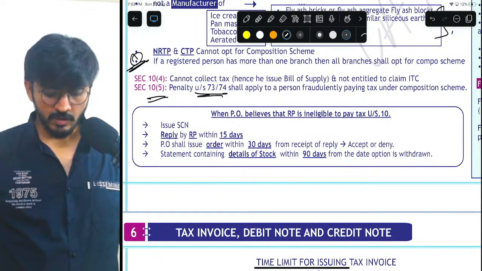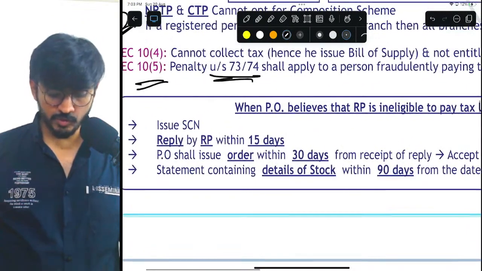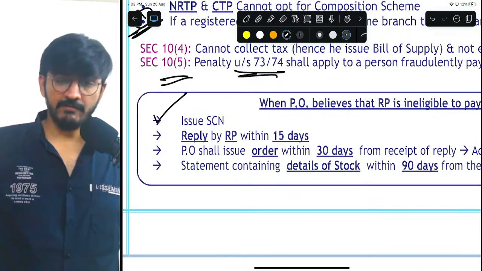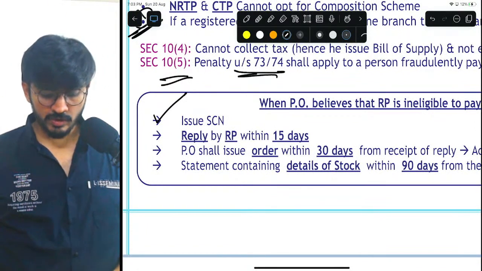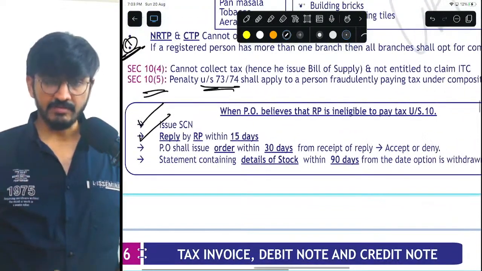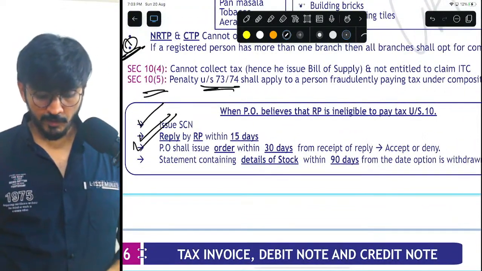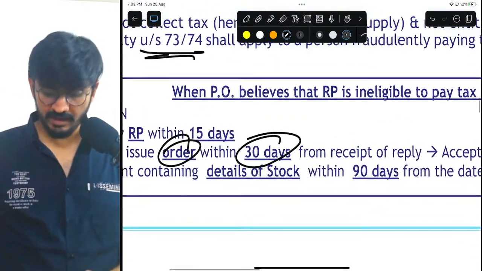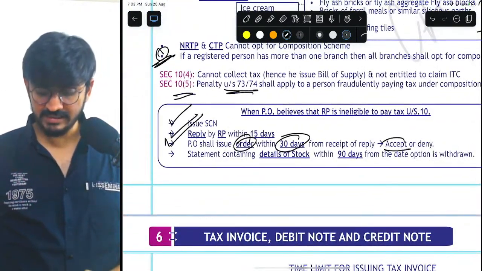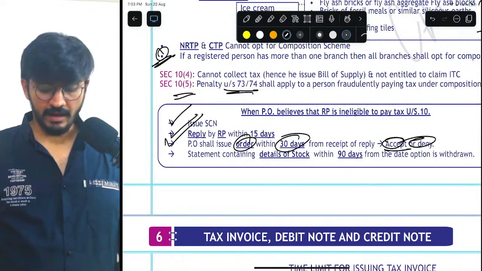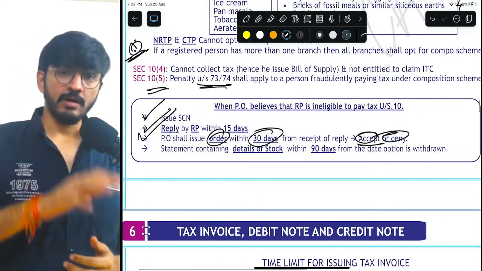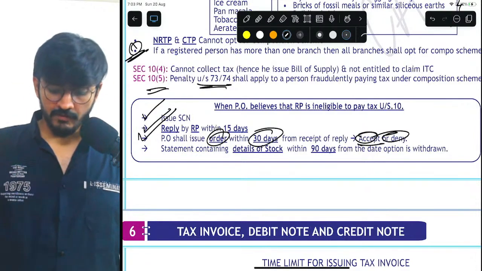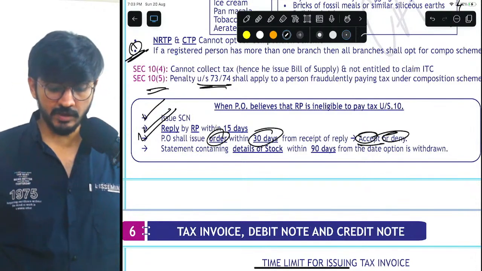Now the question is, once the show cause notice is issued, you need to give them a reply within 15 days. Once you give them the reply within 15 days, the proper officer will read it and issue an order within 30 days. Very simple. Either they accept your reply or deny your reply. And you need to make sure that you give them details of the stock within 90 days from the date of such withdrawal.